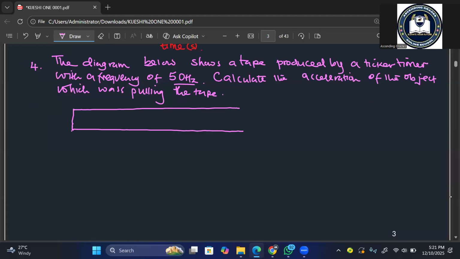So you're going to have 11 dots with an increasing spacing.